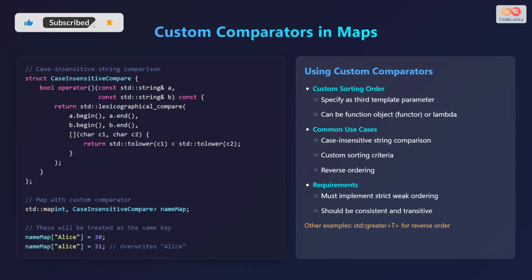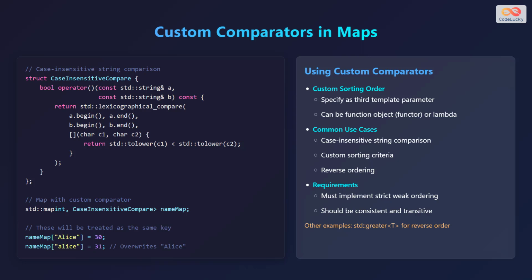Pass a lambda with characters c1 and c2 as input. Return std::tolower(c1) < std::tolower(c2). The map with the custom comparator will look like this: std::map<std::string, int, CaseInsensitiveCompare> nameMap.